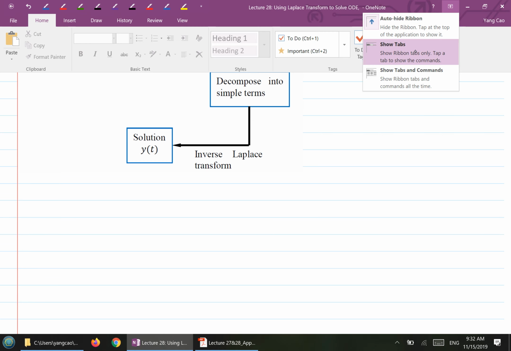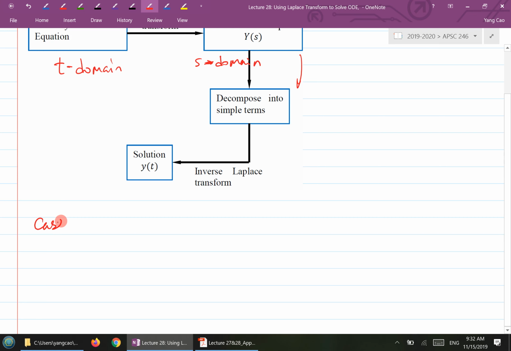The first case is when Y(s) is in fraction format, so it's a numerator divided by its denominator.